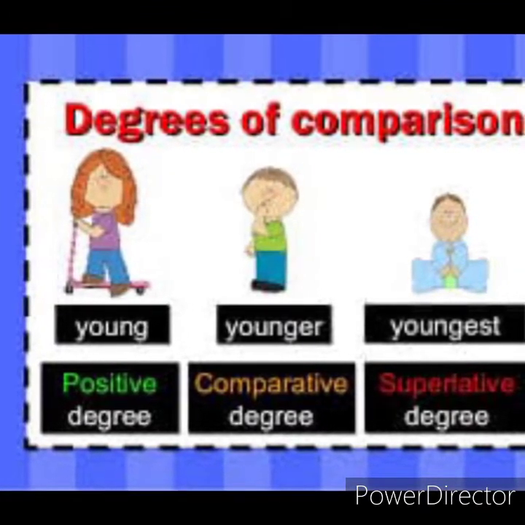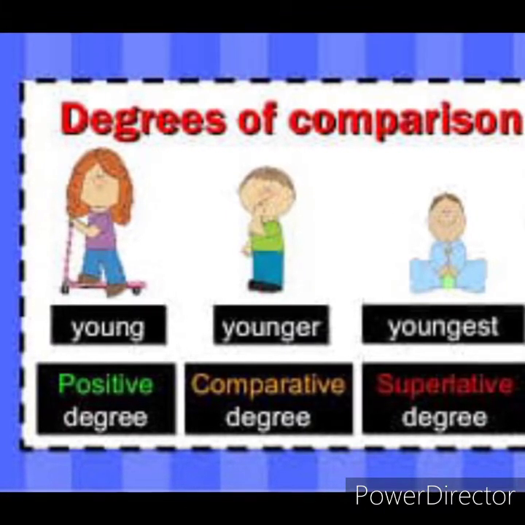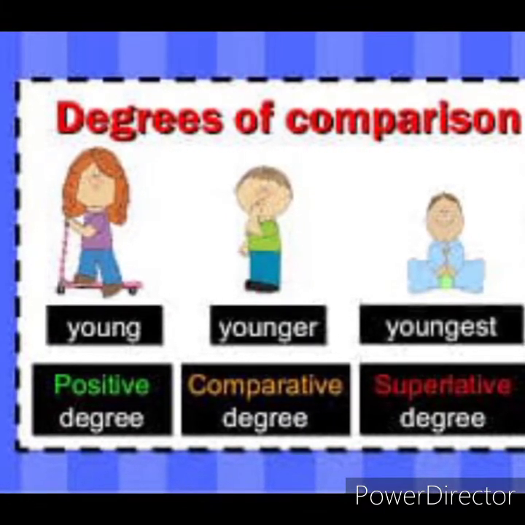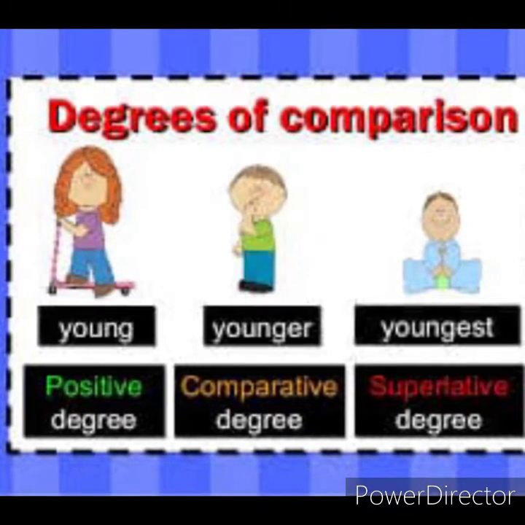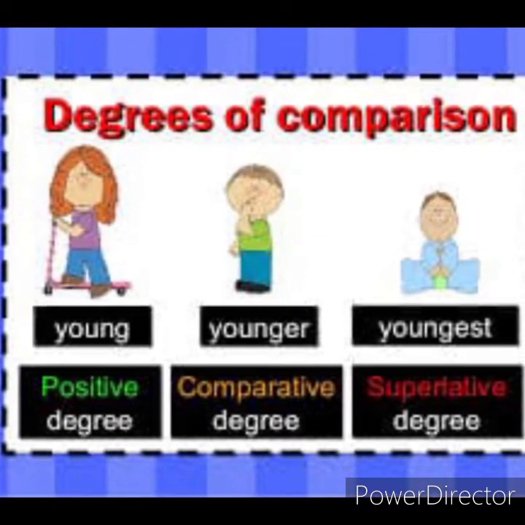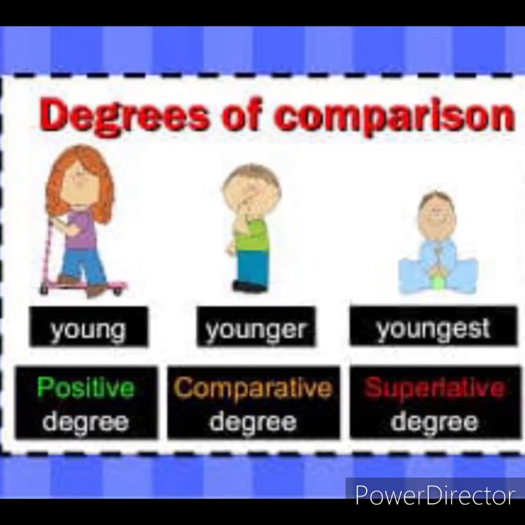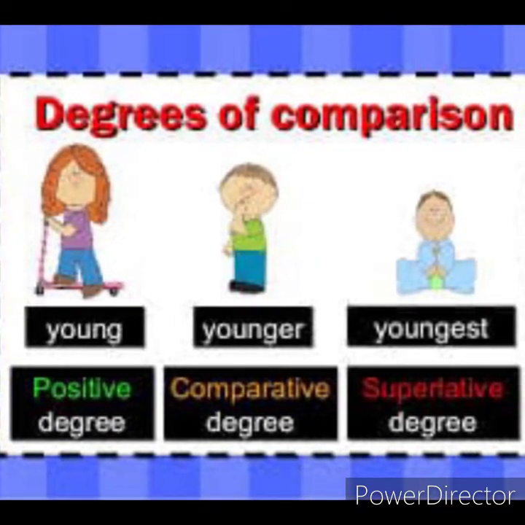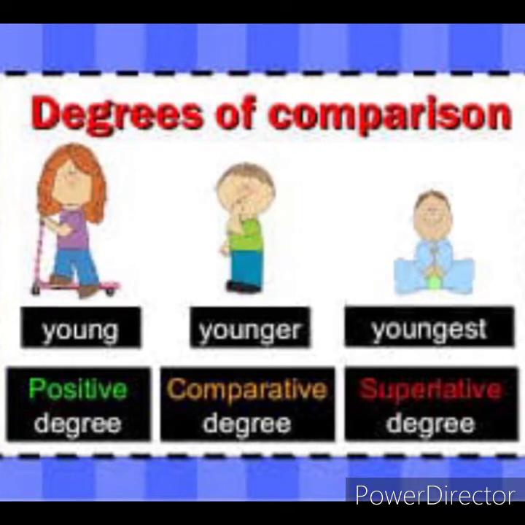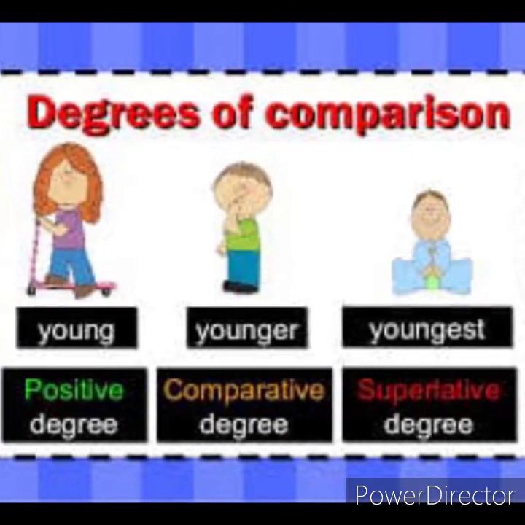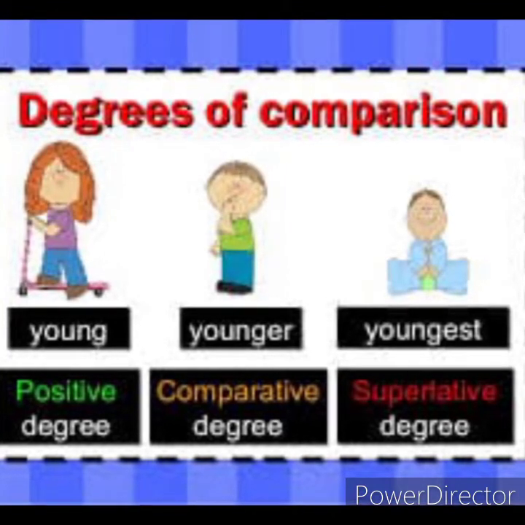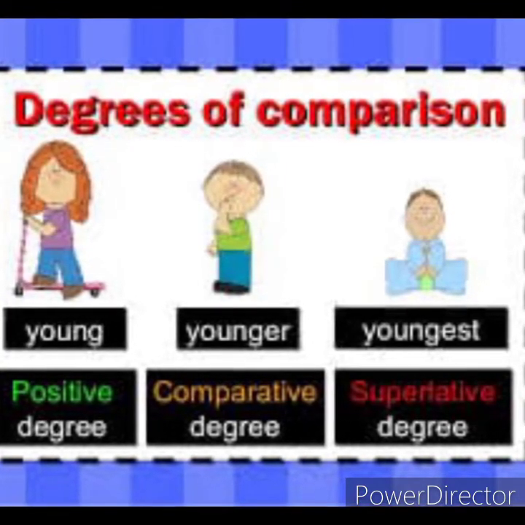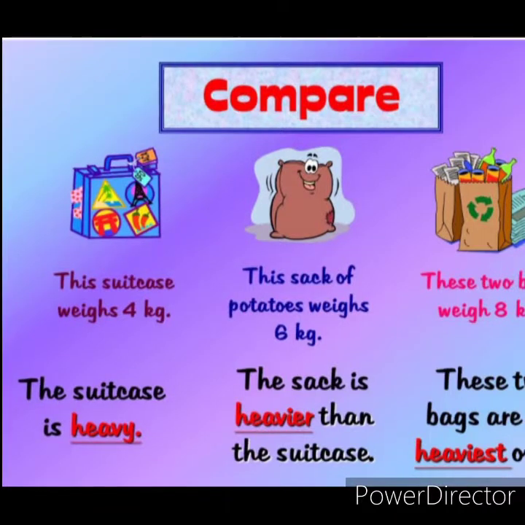Second is comparative degree, as there is the comparison between Harry and Mark. And the third is superlative degree, as there is the comparison between all the 3, Mark, Harry and Rick. That means comparison between more than two nouns.